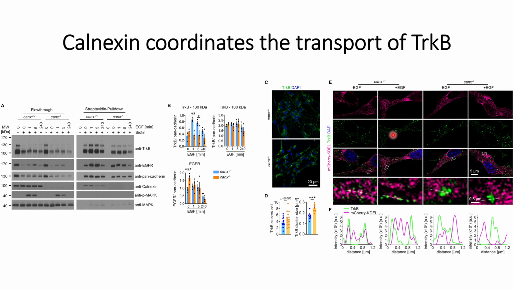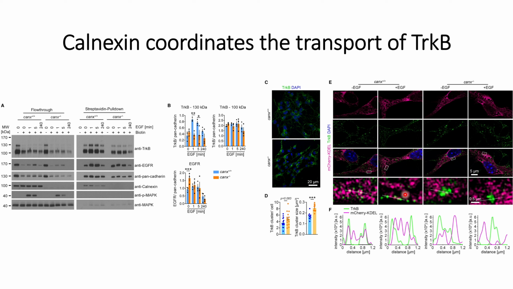When the calnexins are present, they can see that the TrkBs are spread across the endoplasmic reticulum. However, when calnexins are absent, they can see that lump formations of TrkB occur within the cells, within the endoplasmic reticulum also. When calnexins are present, no lump formations are observed.